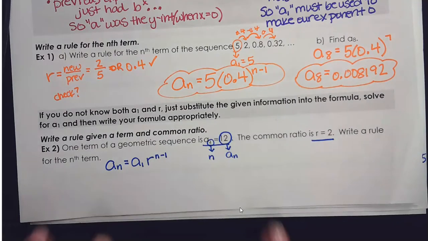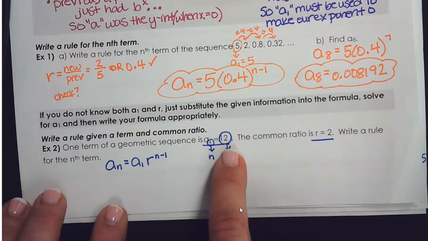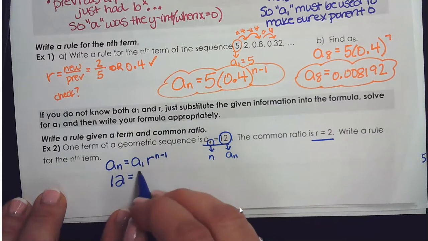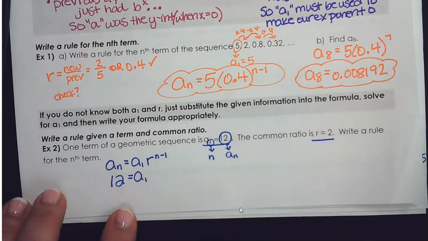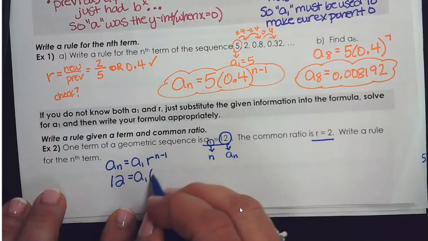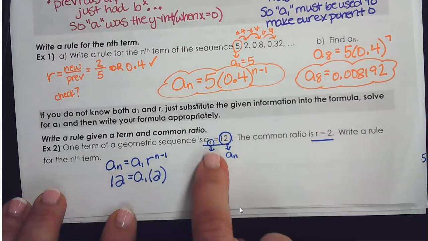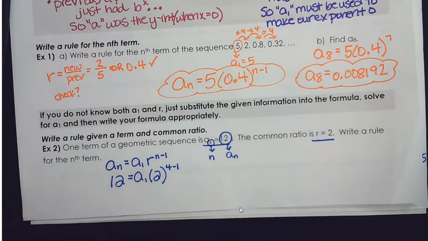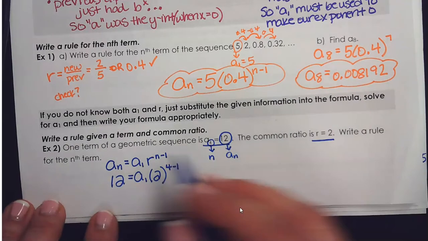In for A sub n, I'm going to put the value of the term, which is 12. I don't know what A sub 1 is in this problem. They didn't tell me. It tells me my r is 2. And I'm going to put 4 in place of n. And you can just write 3, that's fine. I'm just being dramatic, okay? To make sure we understand where we're going here.